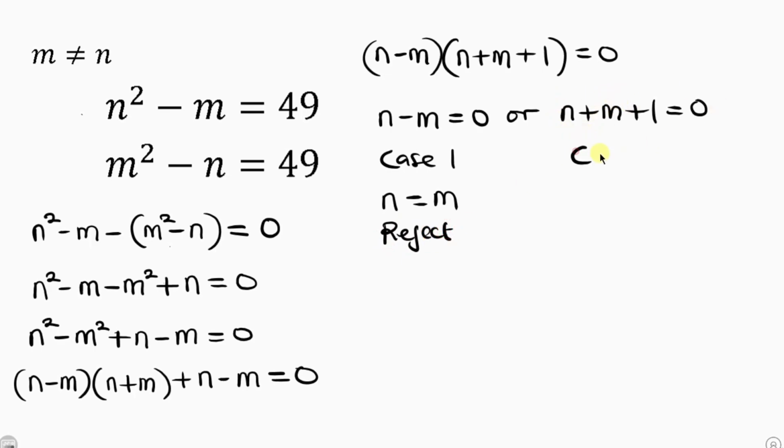In this second case, let me call this case 2, n is not equal to m. So let's go ahead and make n the subject by moving every other item like m plus 1 to the right hand side. So n will be equal to, when 1 moves to the right hand side, it becomes negative 1. When m moves to the right hand side, it becomes negative m.